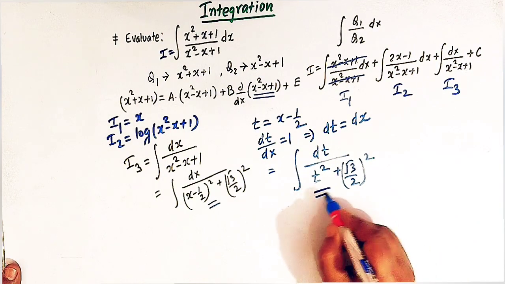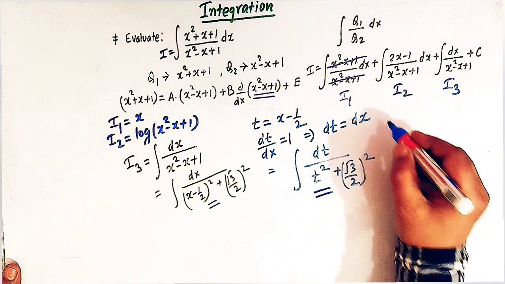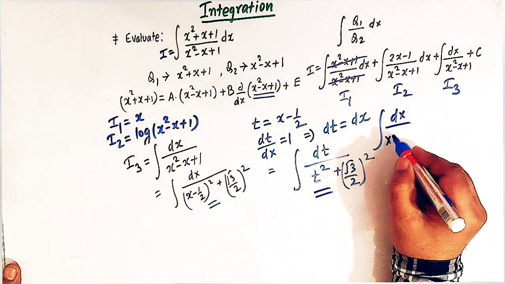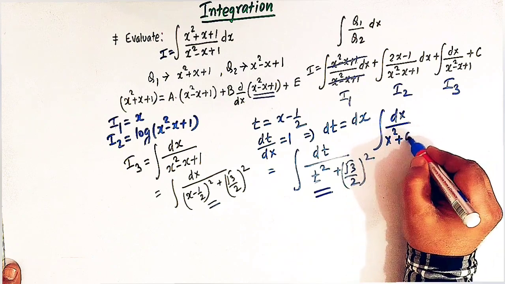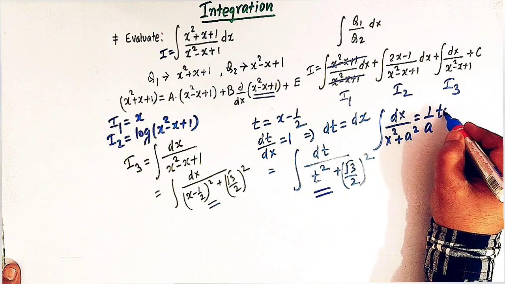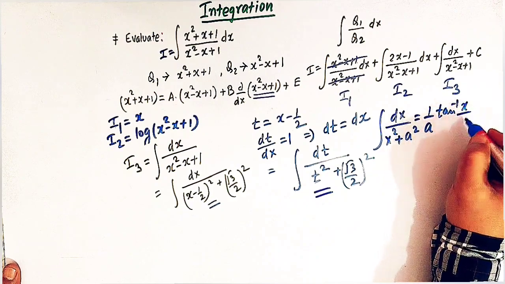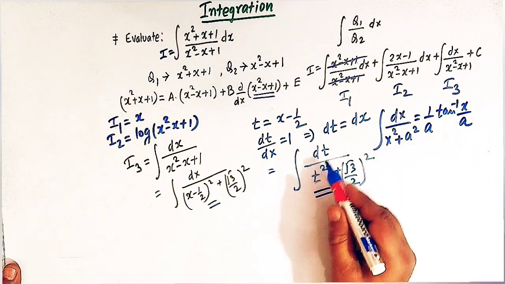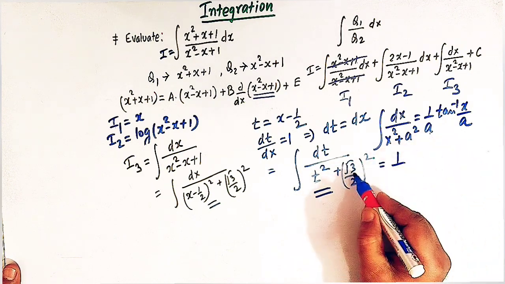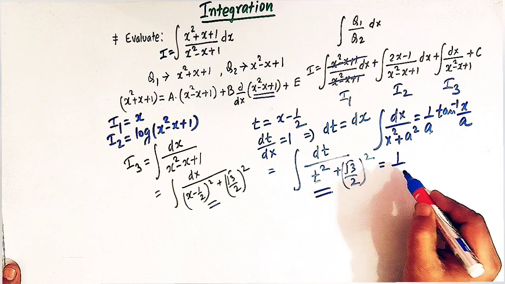So now this is a standard integral because we know that the integral dx over, say, x square plus a square is equal to 1 over a tan inverse x over a, right? So here the variable is t. So we have 1 over a, where a is square root of 3 over 2.